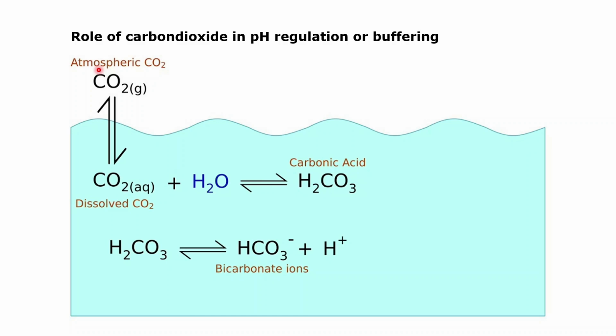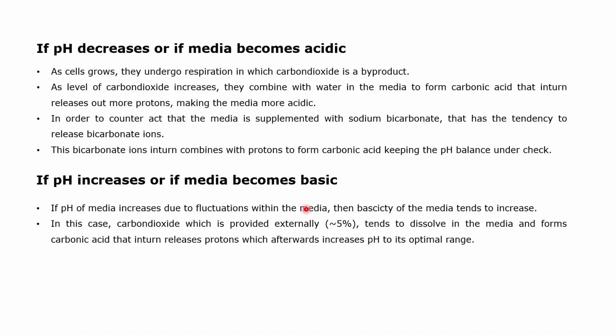So we are providing that carbon dioxide from outside. It can dissolve within the media in the presence of water and produce bicarbonate ions, keeping the pH in check. The basic pH will come down to a neutral pH. So this is how the actual buffering happens in the presence of a carbonic acid buffer.